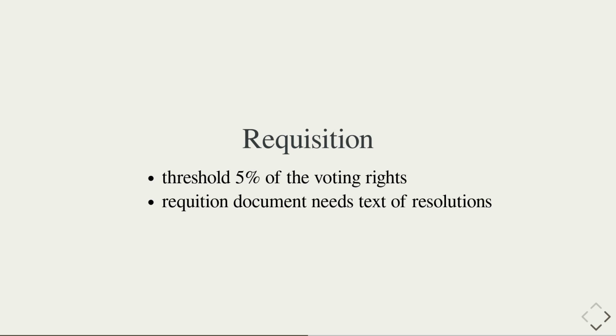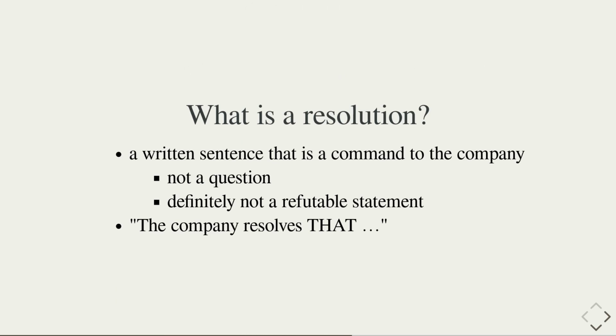The requisition documents have to state what the general meeting is going to be about, and you're wasting your own time and everyone else's if you don't include in those documents the text of resolutions that can be voted on at the meeting, the things you actually want done. So what's a resolution? A resolution is a sentence that is a command that you want the company to obey.